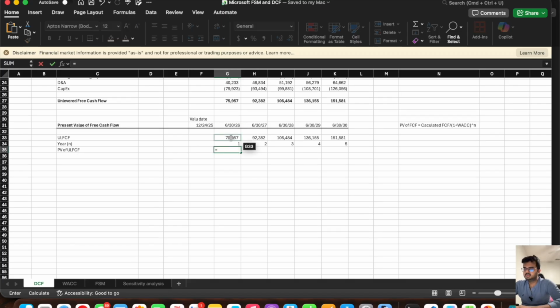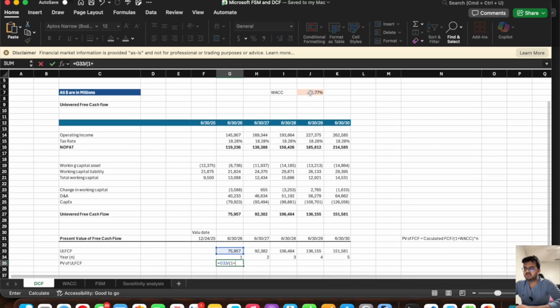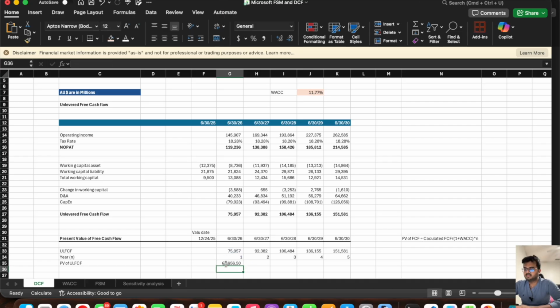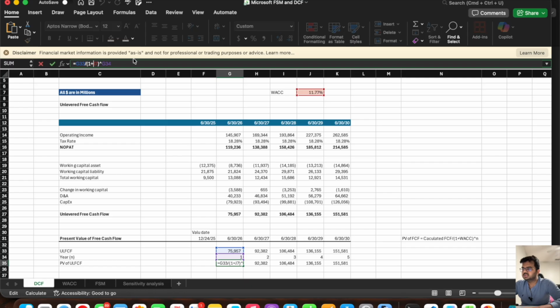So now this value divided by 1 plus the WACC to the power of this value. Okay, I think I made a small mistake. This should be anchored because it should not move.